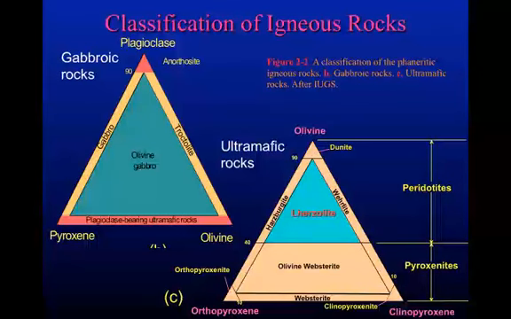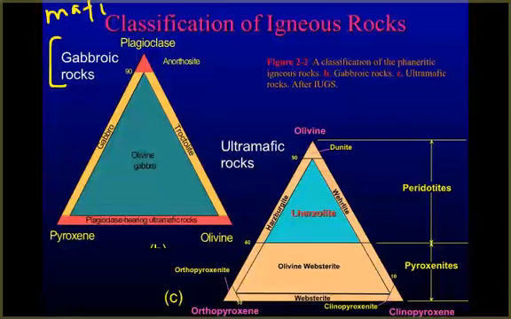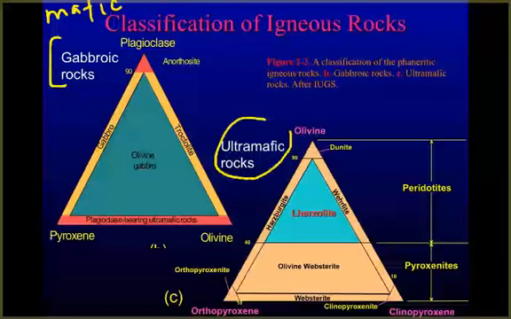Now, these two diagrams work exactly the same way, but the one in the upper left is labeled gabbroic rocks. This is from mafic rocks only, and the one in the lower right is ultramafic rocks only. And they differ, of course, in where the fields lie and what the different rock names are.